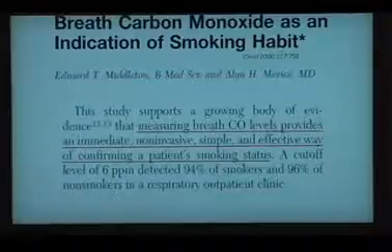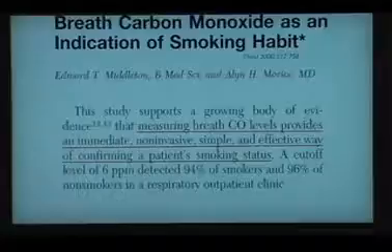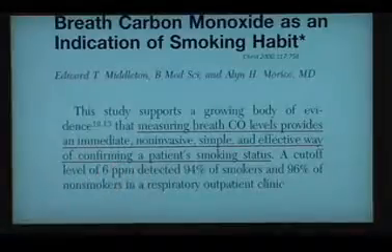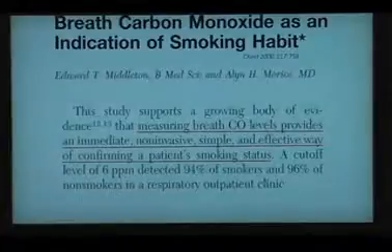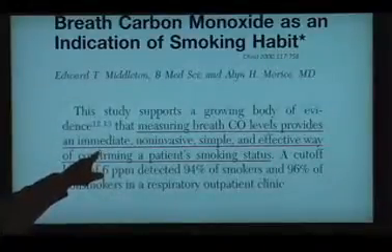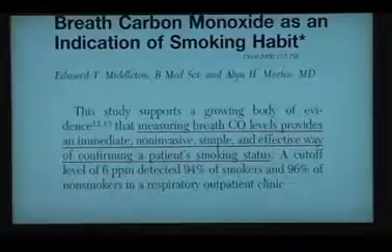I don't know how universal this is, but I know that there are smoking cessation programs where this is part of the program, so that they can determine if patients really have quit smoking. They'll either use exhaled CO measurements, or they measure cotinine in the urine.